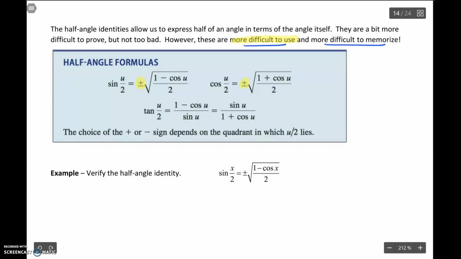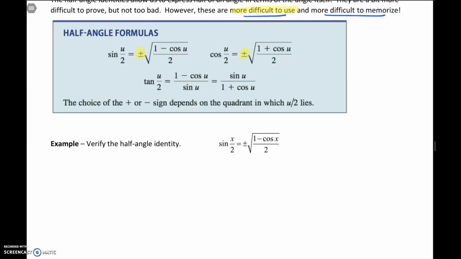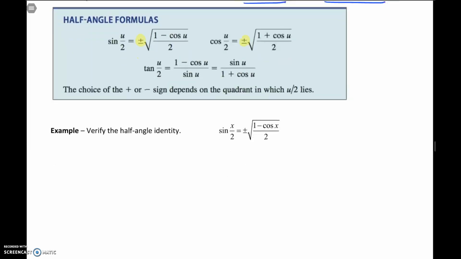So we have to do that work on our own. That makes them more difficult. However, for the tangent, we got 2 versions and they don't have the plus or minus. So the tangent of x over 2 is 1 minus the cosine of x over sine x, or sine of x over 1 plus cosine x. The sign of plus or minus depends upon the quadrant in which the half angle lies.